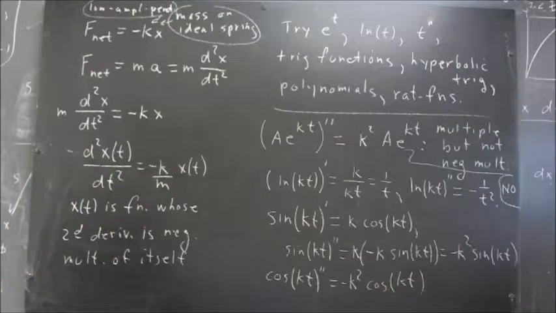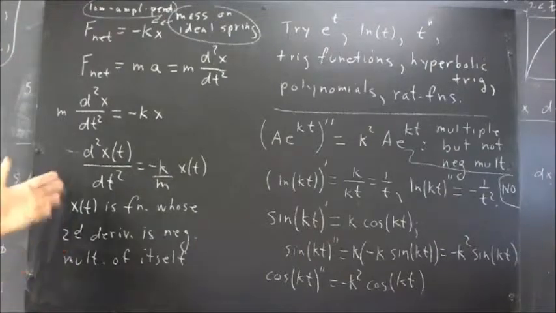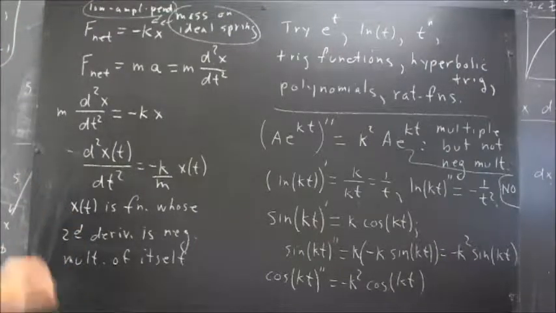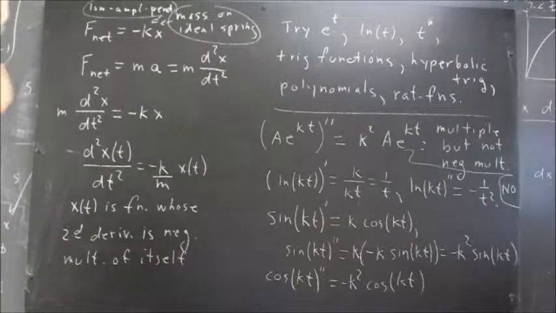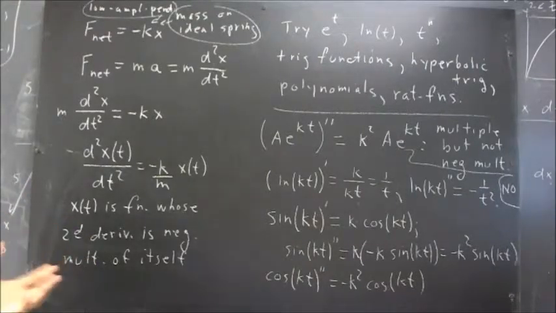In fact, there are only really two types of functions that satisfy this, or one type of function if you use Euler's identity, and you don't know what that means, but I'll probably mention it before we're done. Okay, so let's try some different functions just to see if some functions are multiples or negative multiples of themselves.